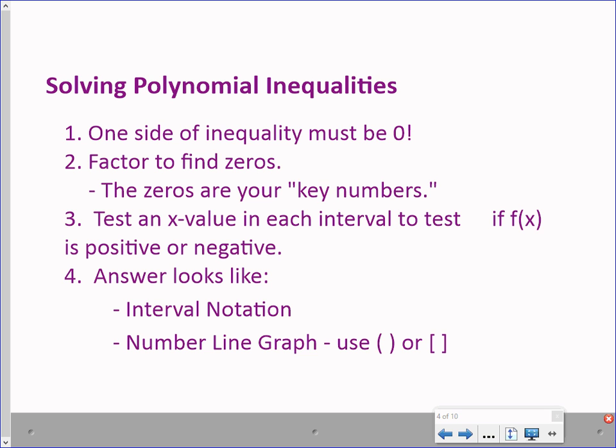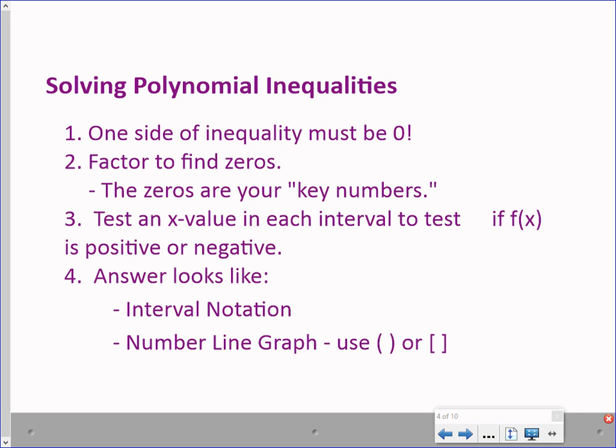So as you're finishing up the last step, it's really important to start by making sure one side of the inequality is equal to 0. That's true when we're solving polynomials. And since we're going to try to find the zeros or the x-intercepts to be our key numbers in part 2, you've got to make sure one side's set equal to 0 to begin.